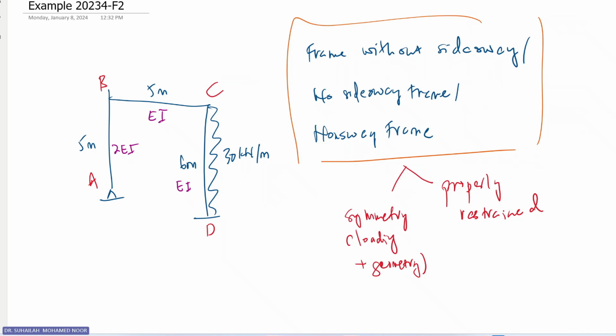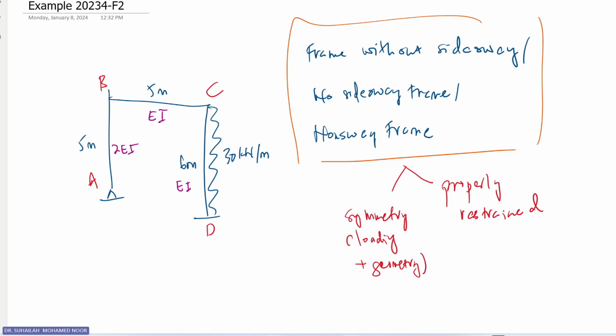Unsymmetry frame, but when it is properly restrained, is also no movement. It is a non-sway frame. So this frame is unsymmetry, so this is a side sway frame.